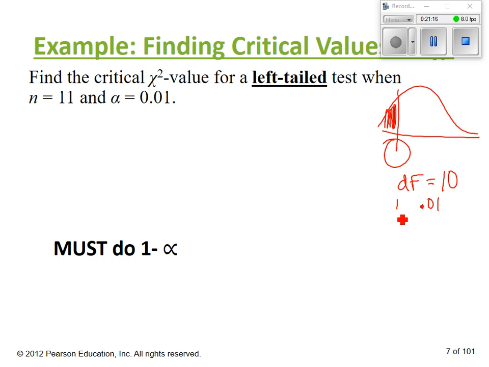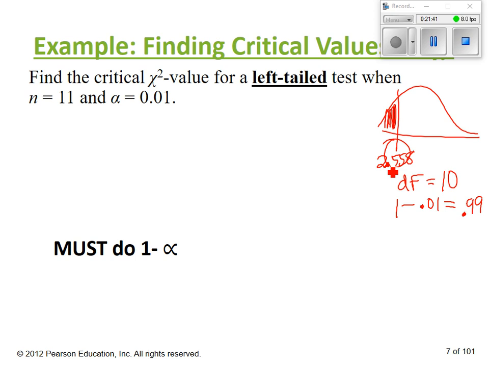You got to take 1 minus your alpha. What's that give us? 0.99. Alright, so we go 10 and over to 0.99, and what's it tell us? 2.558. That's our critical value, 2.558.